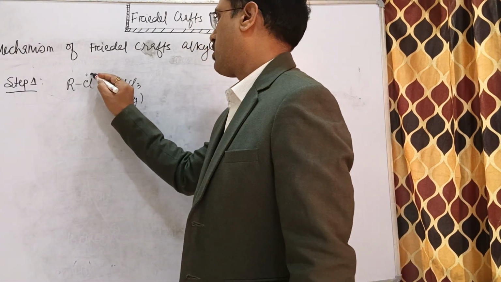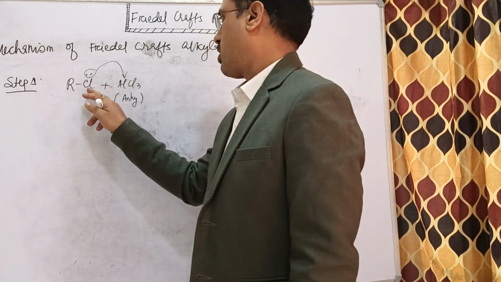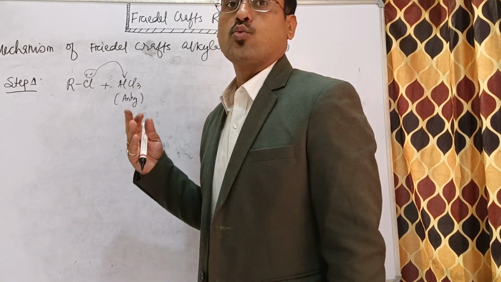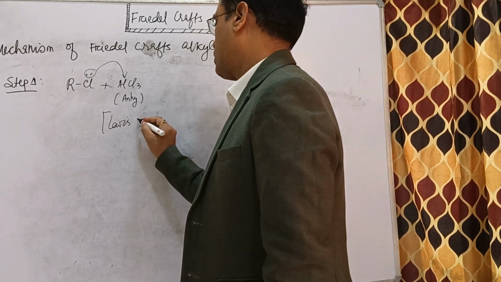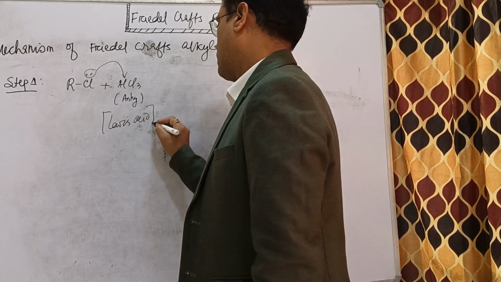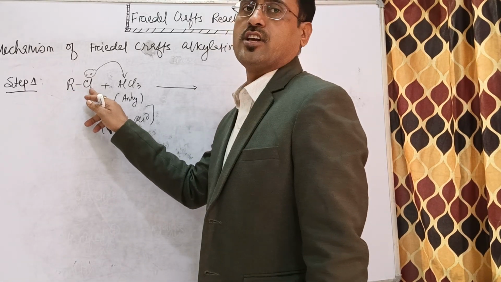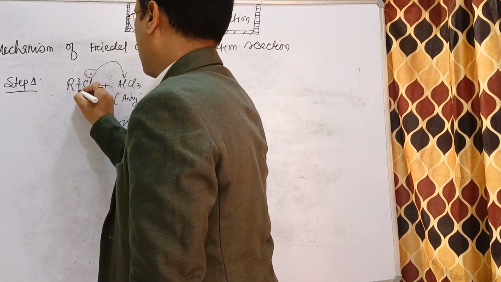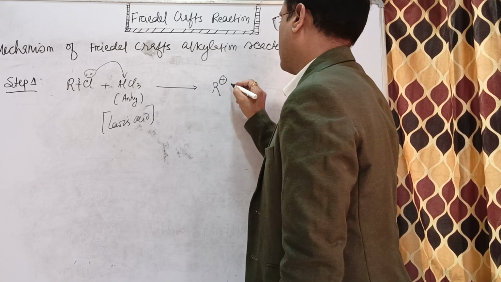The lone pair of this alkyl chloride reacts with AlCl3, which acts as a Lewis acid. There is a cleavage of the carbon-Cl bond and it generates a carbocation.